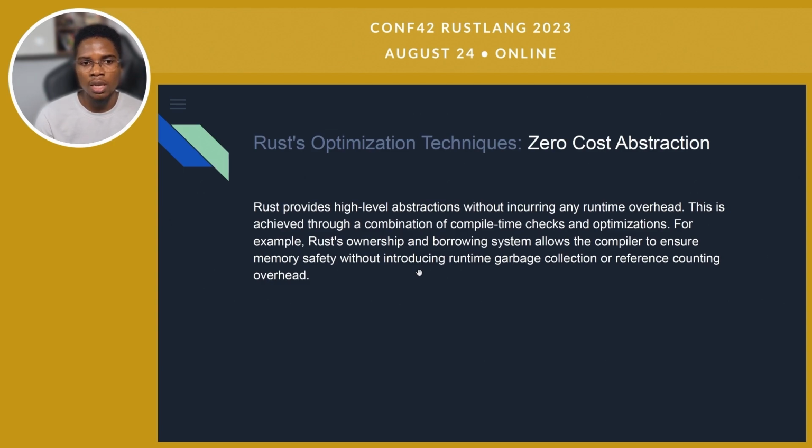For instance, the ownership and borrowing system in Rust does not require us to drop the value, like free a particular memory, ourselves. It abstracts the manual memory management by itself, and it does it in such a way that does not incur any runtime overhead by using a garbage collector, for instance.